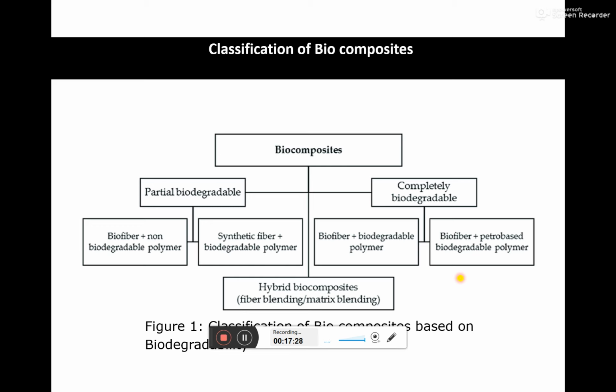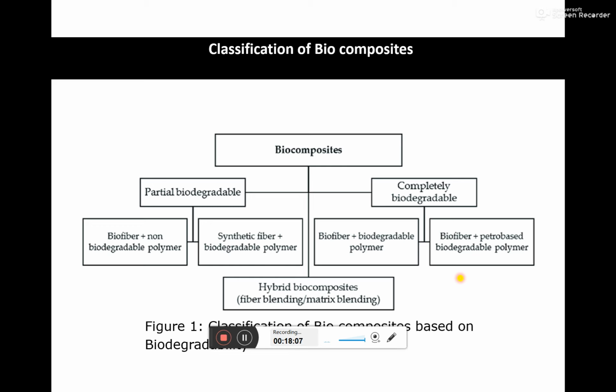If you are using only the reinforcement or only the matrix material as the biodegradable material in the composite manufacturing, then it is known as the partially biodegradable composite material. If I am using both the matrix material and reinforcement material as biodegradable materials, then such a composite comes under the completely biodegradable biocomposite material.